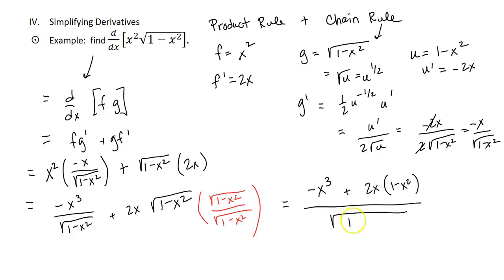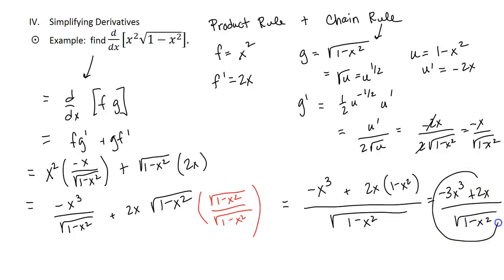And that's all over the square root of 1 minus x squared. And when I distribute and simplify across the top, I get negative 3x cubed plus 2x divided by the square root of 1 minus x squared. And I know that that's not rationalized, but we're going to leave it like that. This is honestly the best place to leave your answer for this problem.